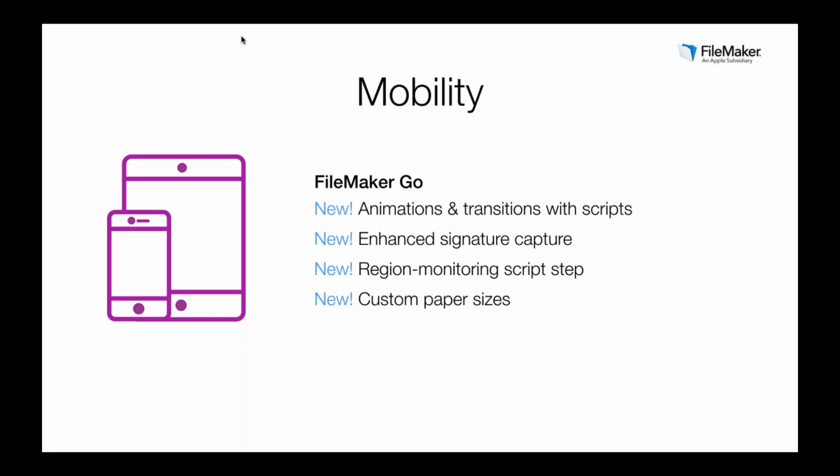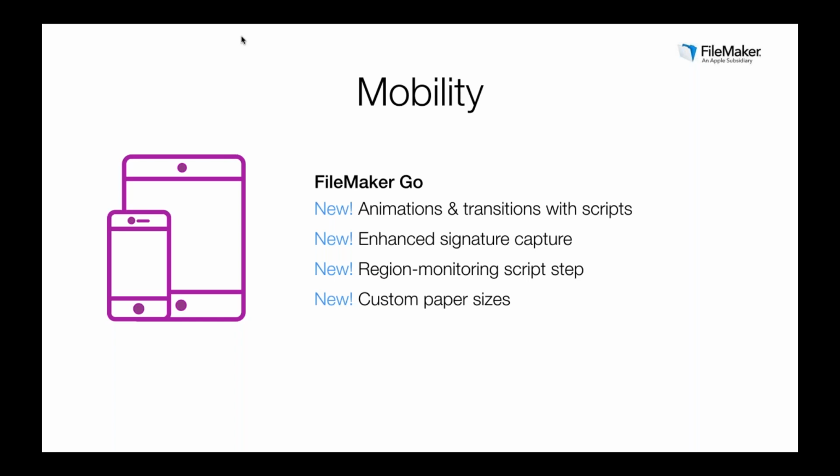We also enhanced the signature capture. If you remember when signature capture first came out, it was a modal dialog box that you would click into a container field, and you would get a choice to take a picture or video or paste something in from your device.